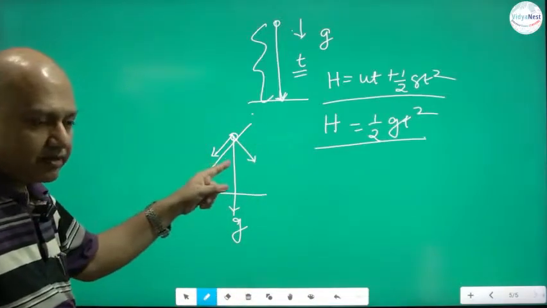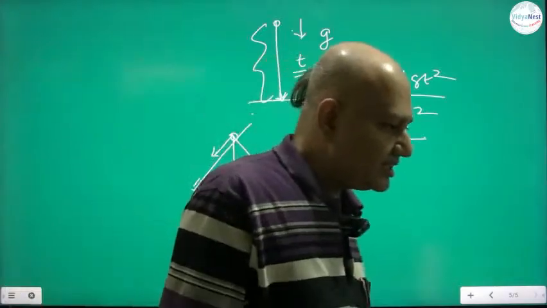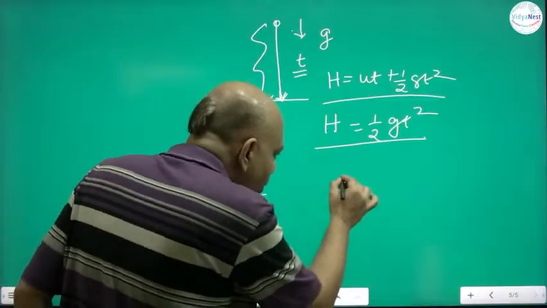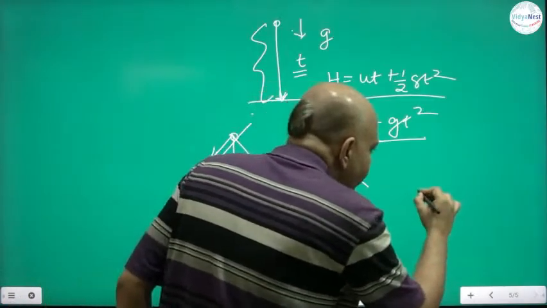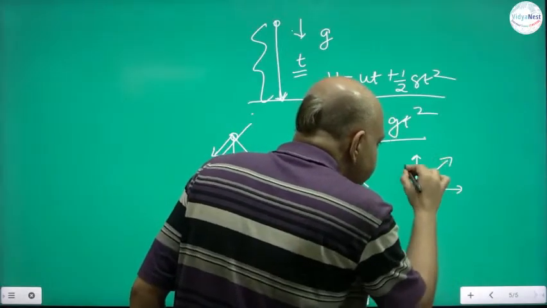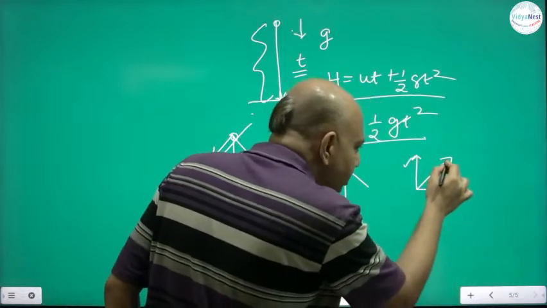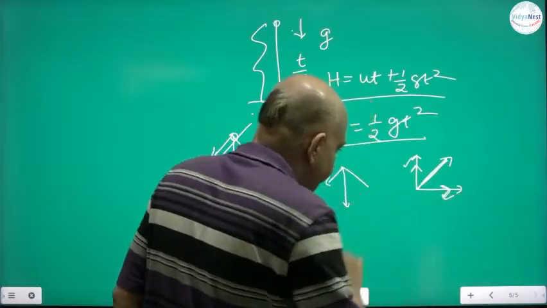Can you understand? Just like see, one vector I can split into two vectors. Like one vector I can split into this direction, isn't it? These two components are mutually perpendicular. Right?